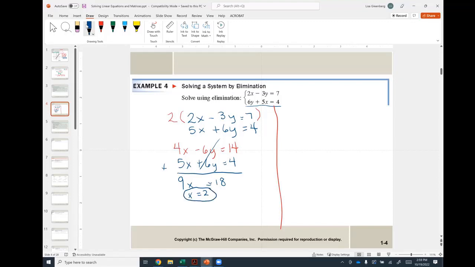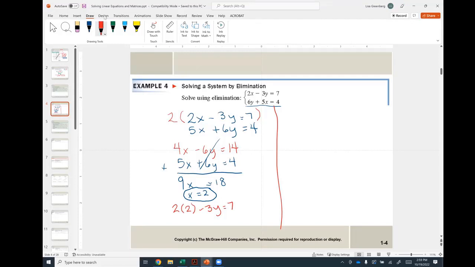So once I know x equals 2, I can plug it into either equation. I'm going to plug it into the easier one, the one with smaller numbers. So I get 2 times 2 minus 3y equals 7. So this is 4.